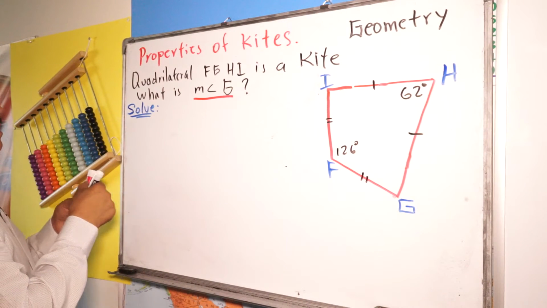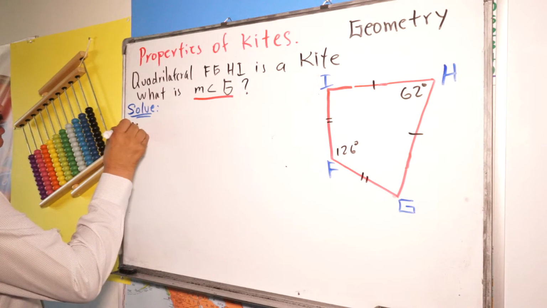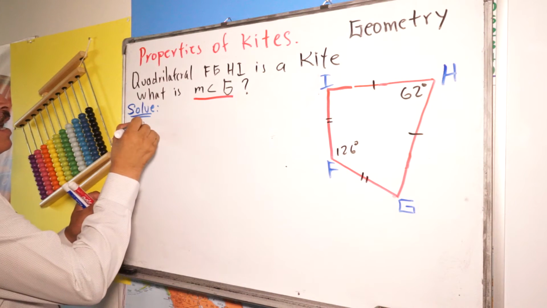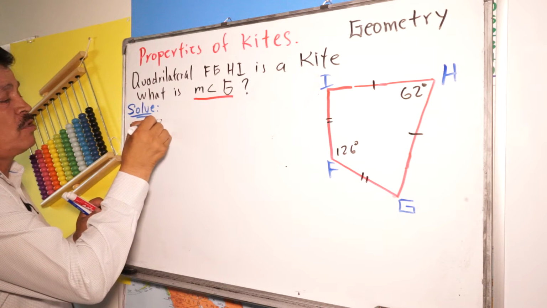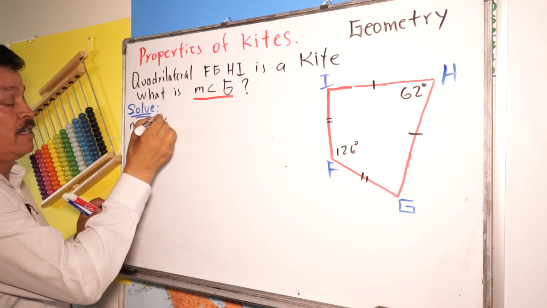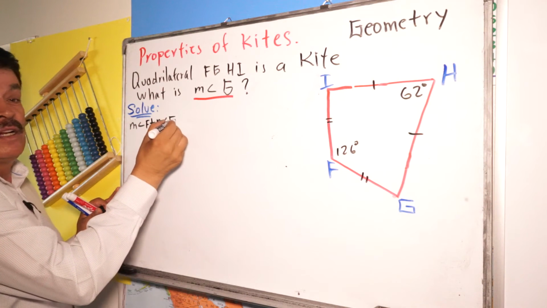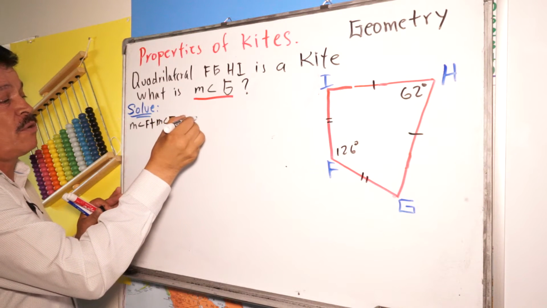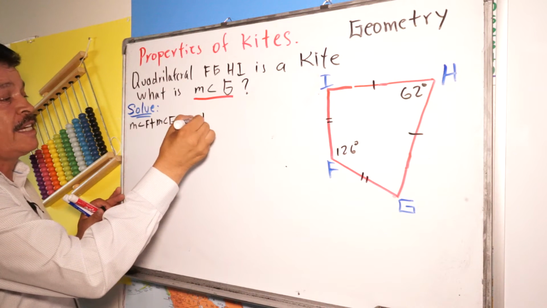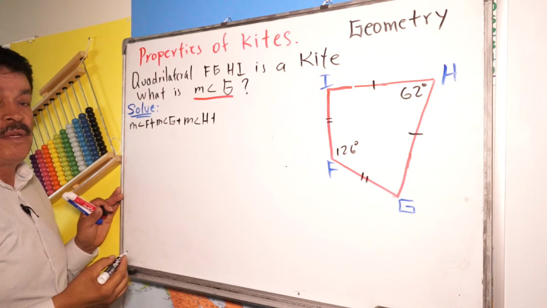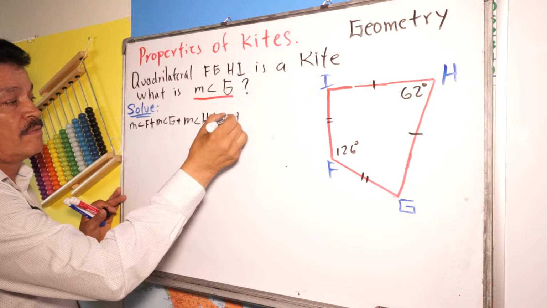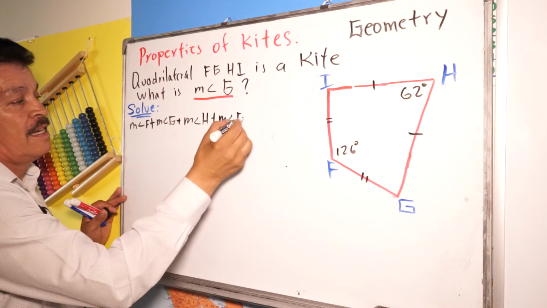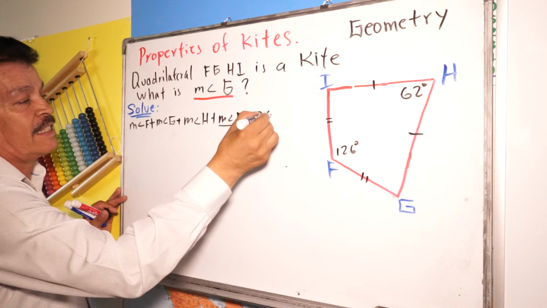First step: the measure of angle F plus the measure of angle G plus the measure of angle H plus the measure of angle I equals 360 degrees.